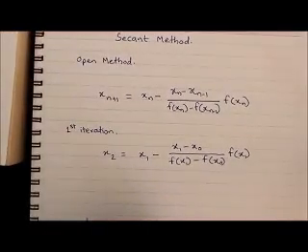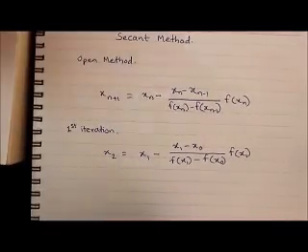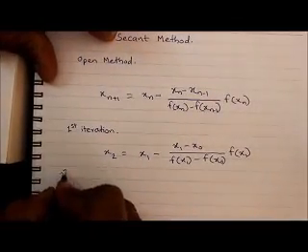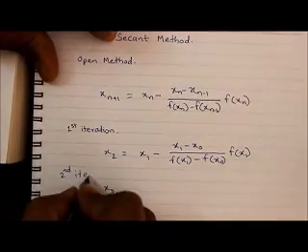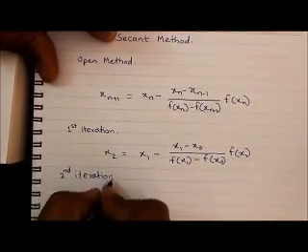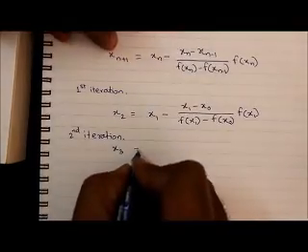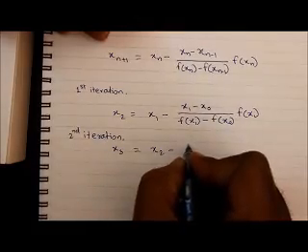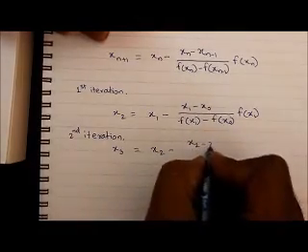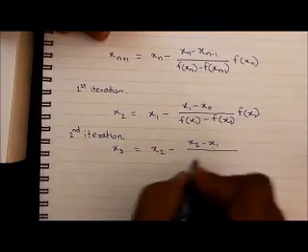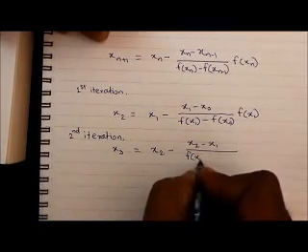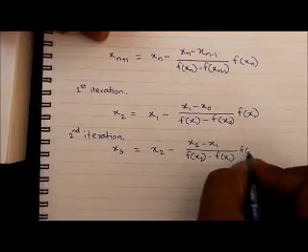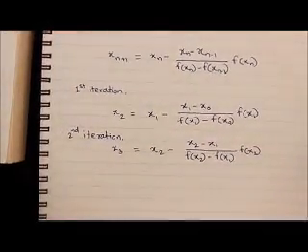For the next iteration, let me write down the second iteration here. x3 is going to be x2 minus (x2 minus x1) divided by (f(x2) minus f(x1)), the whole thing multiplied by f(x2).